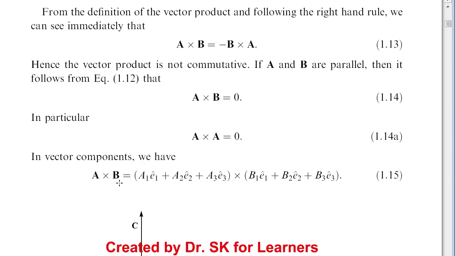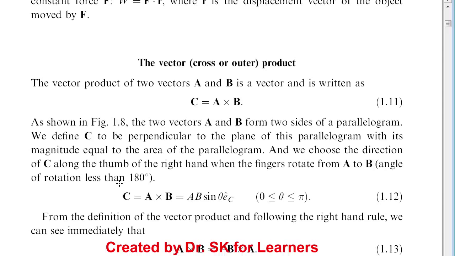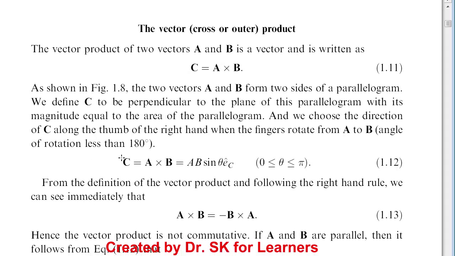So let's go back to what we were seeing. As shown in figure 8, if two vectors form the two sides of the parallelogram, then C will define the side perpendicular to the parallelogram, and mathematically you can write it like this.